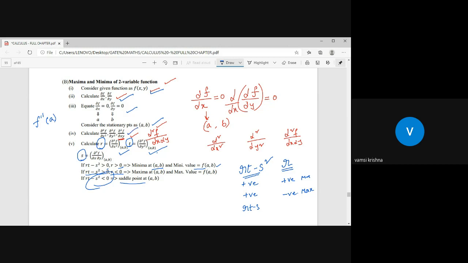The first part dou square f by dou x square is named r, with y square is t, and dou x dou y is s. The next most important thing is to compare r t minus s square and r. If r t minus s square is positive, then think about r; r will decide either maxima or minima. If r t minus s square is negative, then no need of checking r.